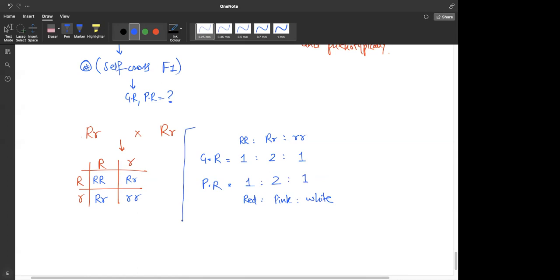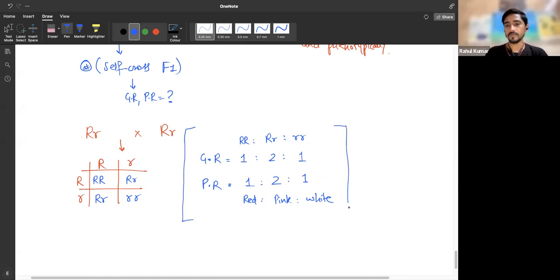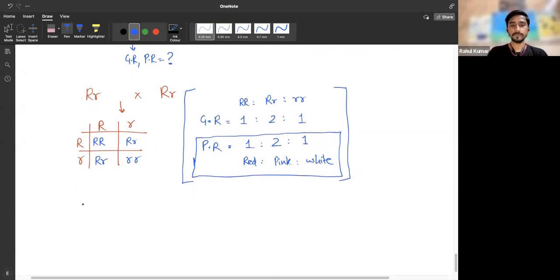So the genotypic ratio is equal to the phenotypic ratio in incomplete dominance, because incomplete dominance only affects the phenotype. It does not affect the genotype. Write down: incomplete dominance affects the phenotype, but not the genotype.